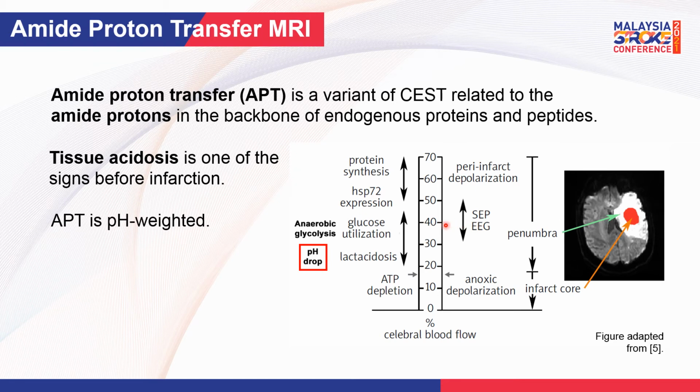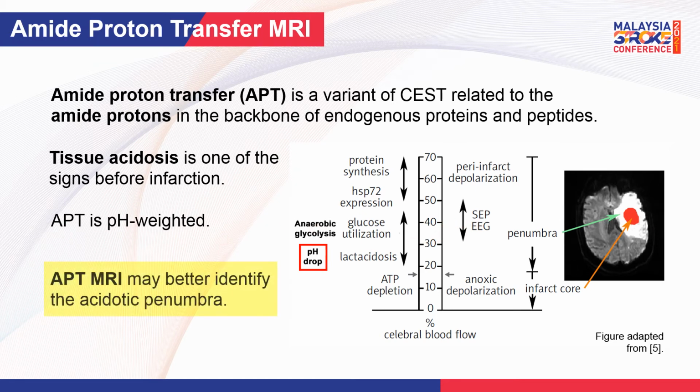And because CEST and therefore APT is pH weighted, it's hypothesized that APT MRI may be able to better identify the acidotic penumbra compared to conventional MRI.